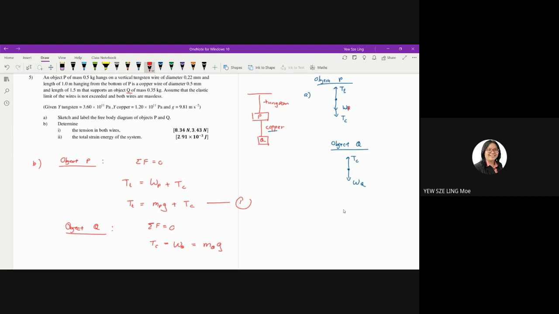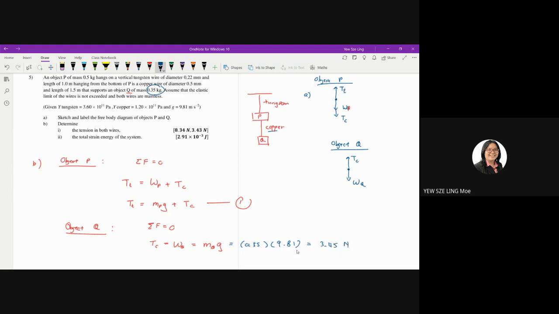Do I have enough information to solve it? Yes, I do, because I have the mass of object Q, which is 0.35 kg, and given g equals 9.81. So I can obtain the value of TC. TC equals 3.45 newtons.